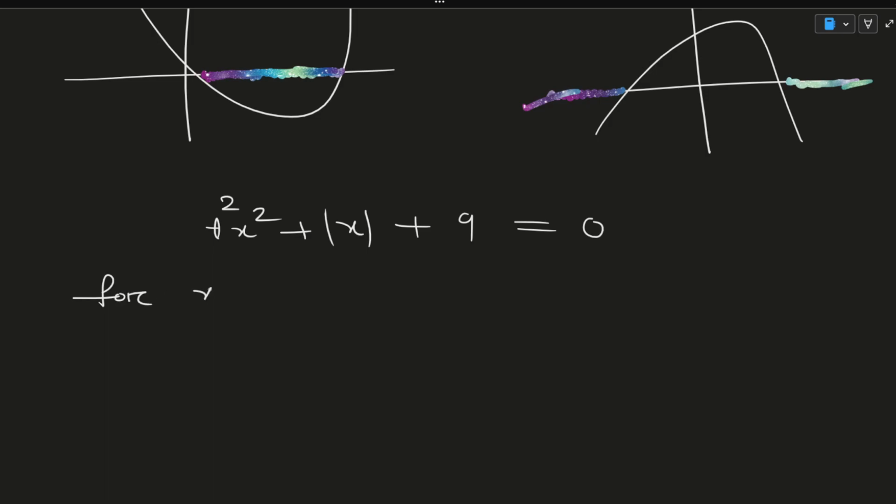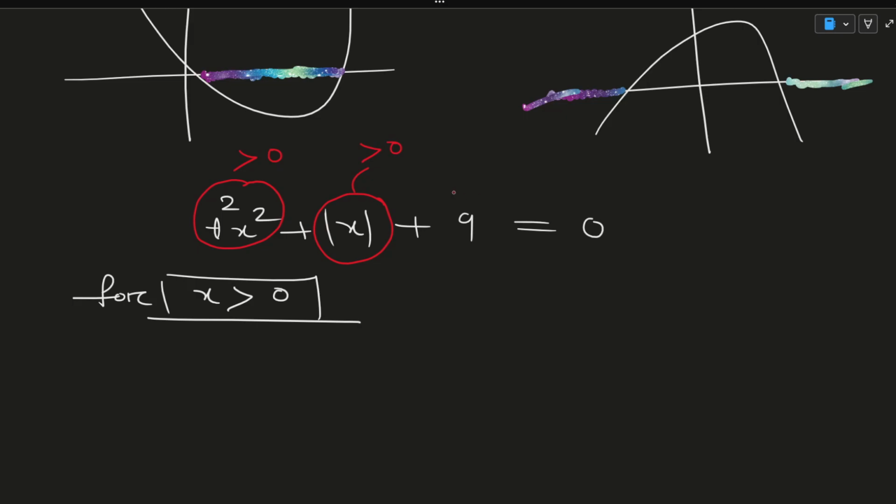For x greater than 0, this term is greater than 0, it is already greater than 0, so this total value will be greater than 0.